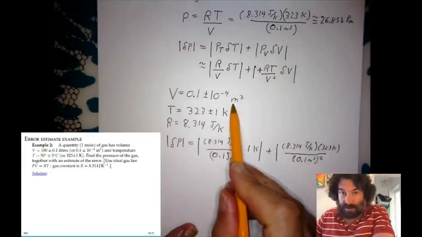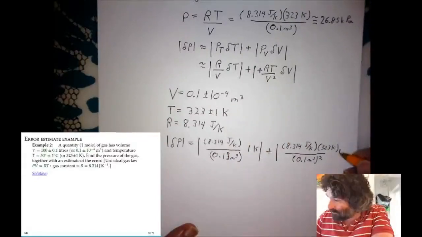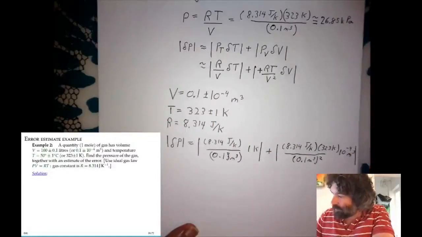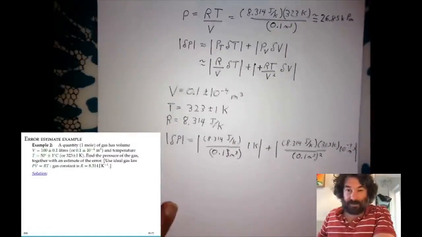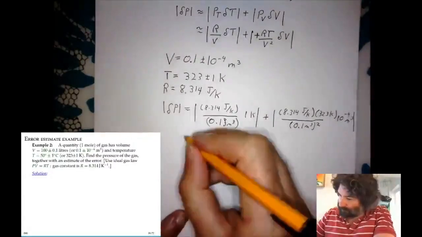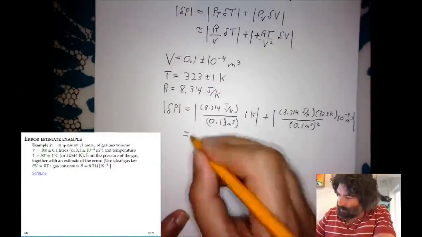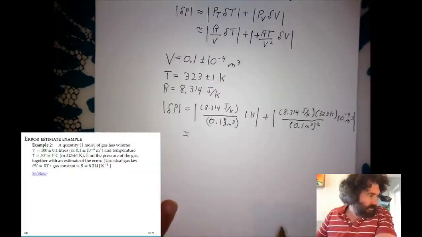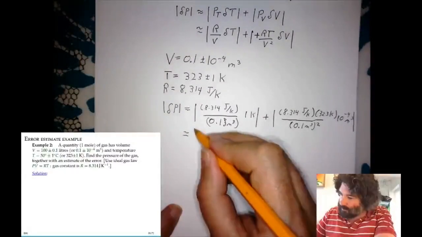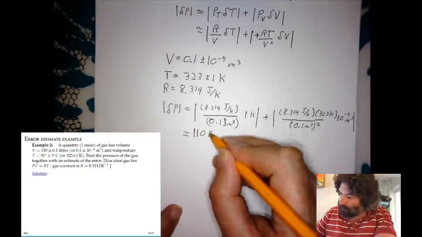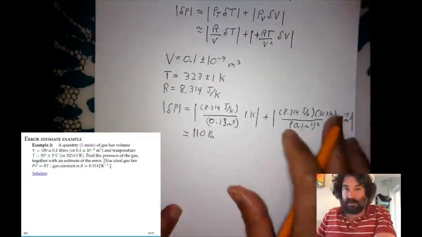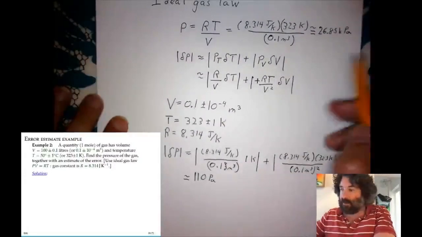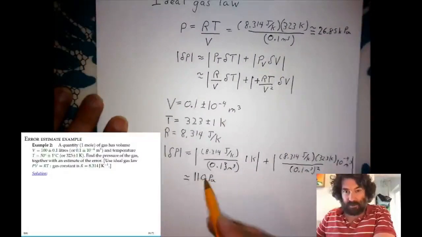The error in the volume was 10 to the negative 4th cubic meters. All right, and so calculate all that, and we get that this is 110 pascals. And so we've calculated the pressure and the error in the pressure.